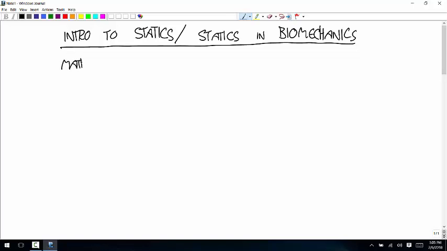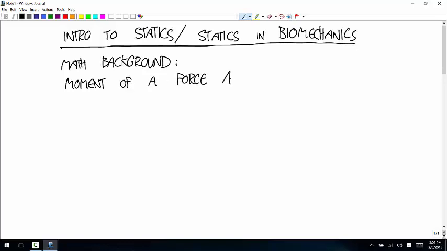So the mathematical background, or the physics background for this, is the moment of a force about a point. That's a lot to say, so people usually don't say all that. They just call it a moment or a torque.